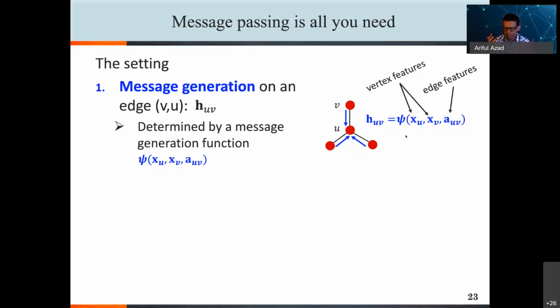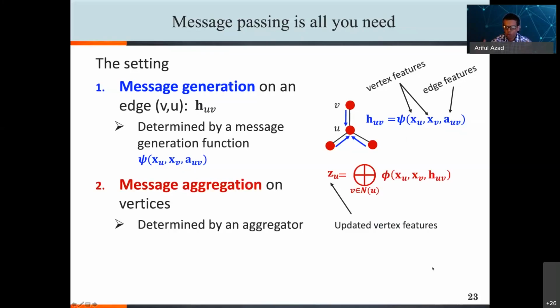After we generate the message for every edge, we aggregate these messages at vertex U. If vertex U has three neighbors, defined by NU, then I loop over those three neighbors. That means I consider all those three edges where we have already generated messages.